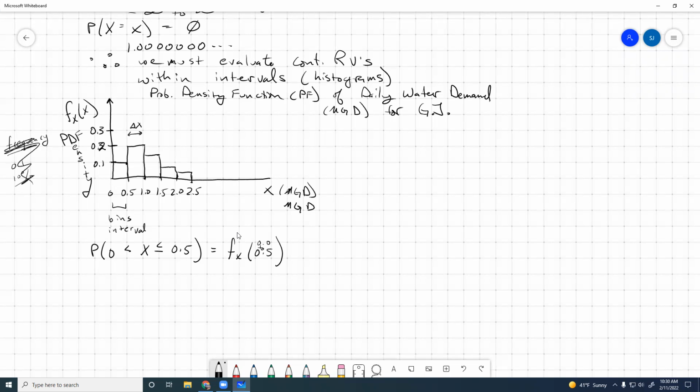And then we multiply it by delta x. So there's this range, and we multiply it by the bin width. So this is equal to 0.1, that value right here in the probability density, times our delta x, which is 0.5. So the probability then becomes 0.05. That's our probability.